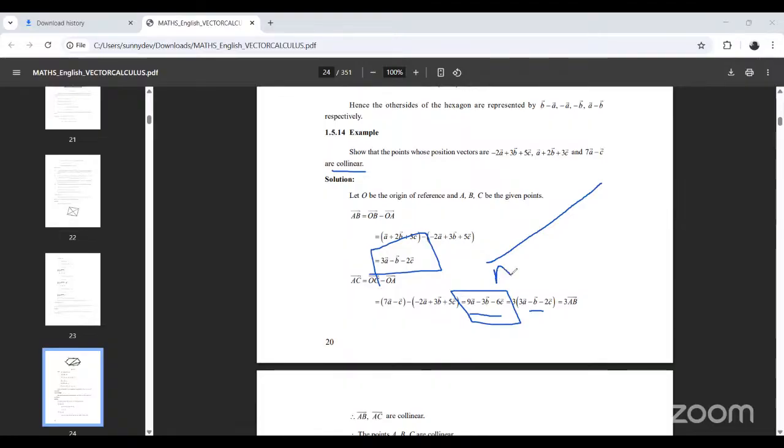So the distance of AC is 3 times the distance of AB. So from there we can say that these are collinear. Understood? So this is the thing.